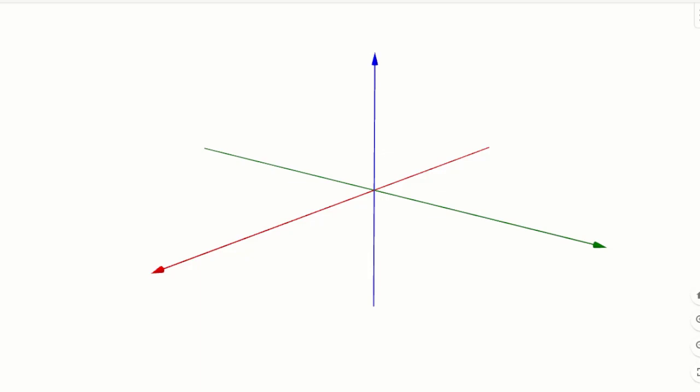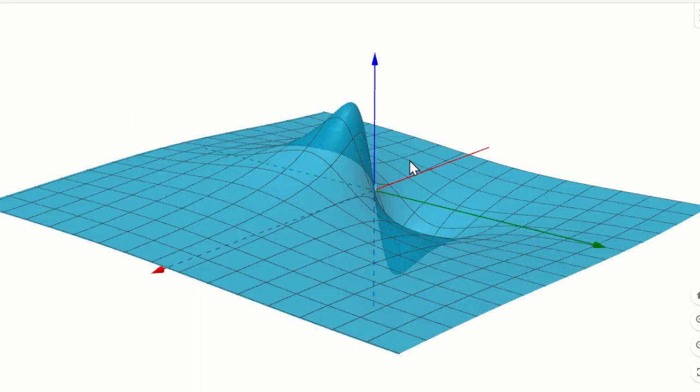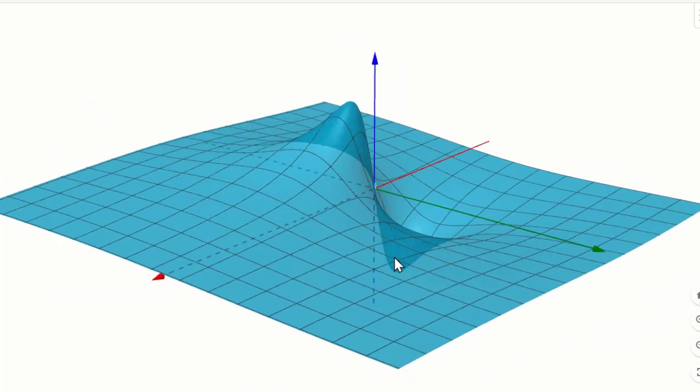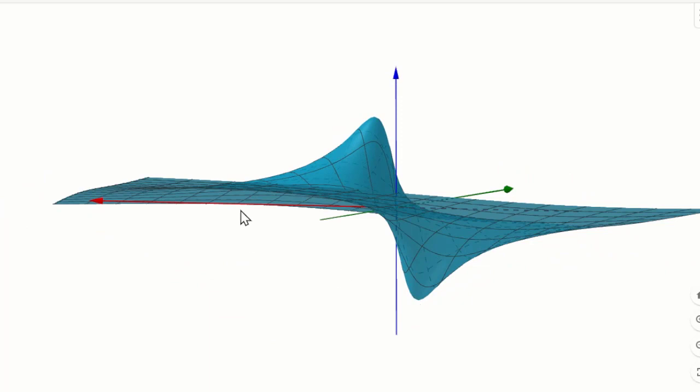All right, so now with the blank graphing space right here, this is the graph for our function: (8x minus 8y) over (8x squared plus 8y squared plus 1). And so obviously, just like what I was describing earlier, a surface like this has a mountain and it has a valley.